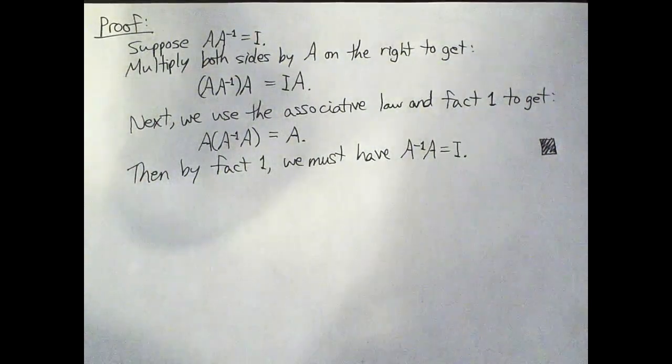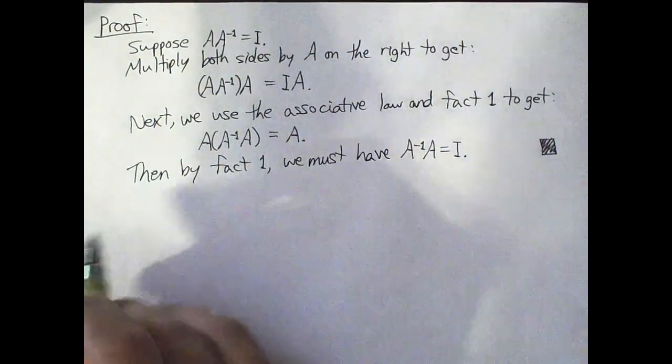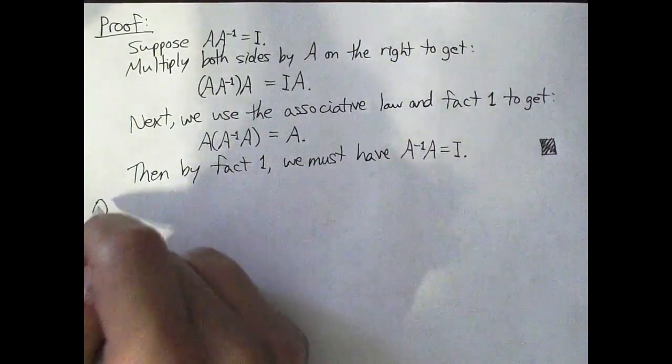Okay, now we've talked about the definition of inverse. We had a couple of remarks. We had one example where I gave us the inverse, and you might be wondering, how did I find it?